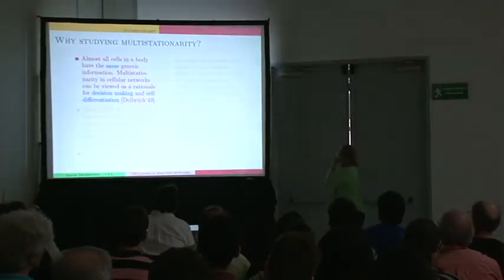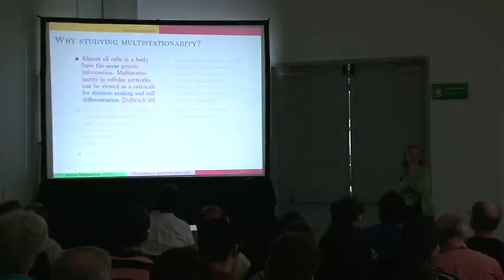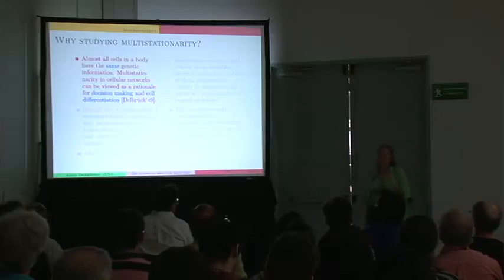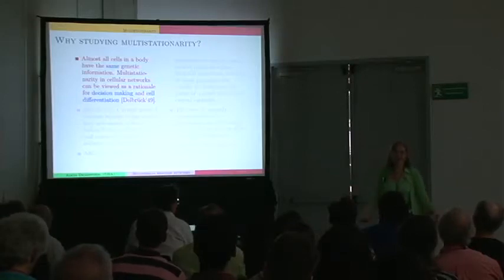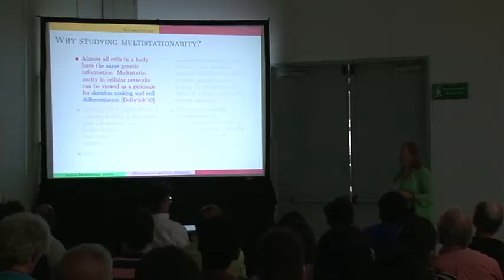Okay, why is this an important thing? Delbrück was a biologist, and at that time they already realized, and now they know, that most of the cells have the information of the whole to produce all the different cells in the body, or in an animal or whatever, a plant.